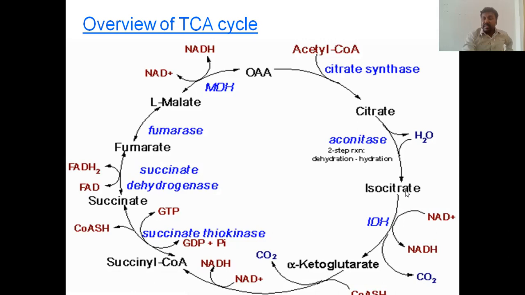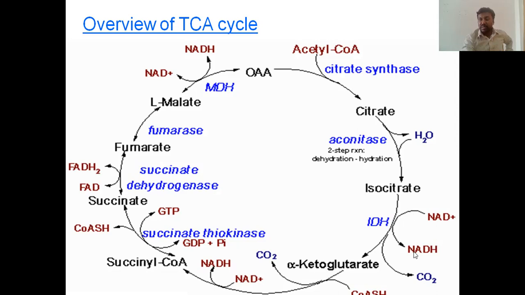Then this isocitrate is converted into alpha ketoglutarate in the presence of isocitrate dehydrogenase enzyme. Remember, when the dehydrogenase enzyme comes into the reaction, it removes hydrogen from the substrate.